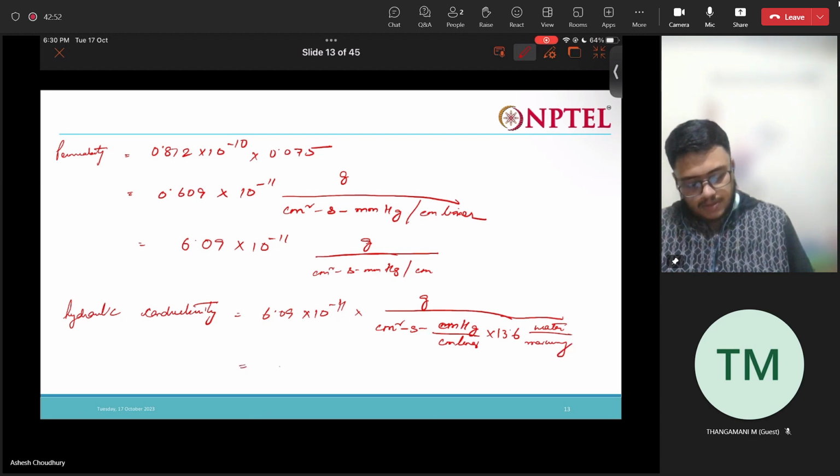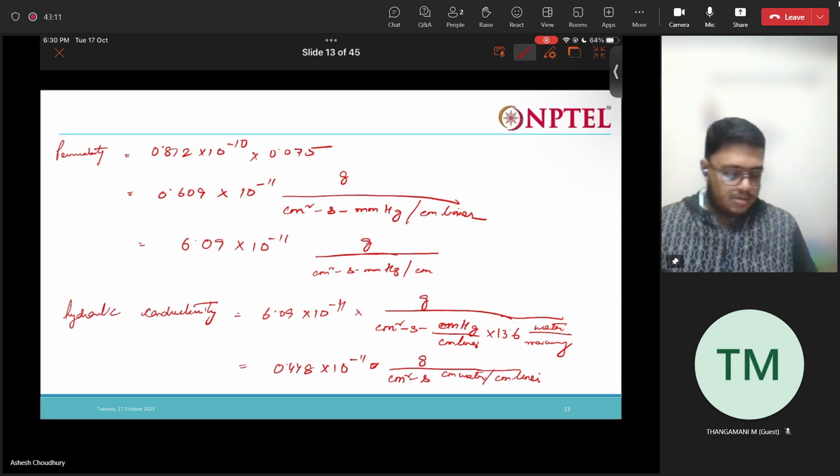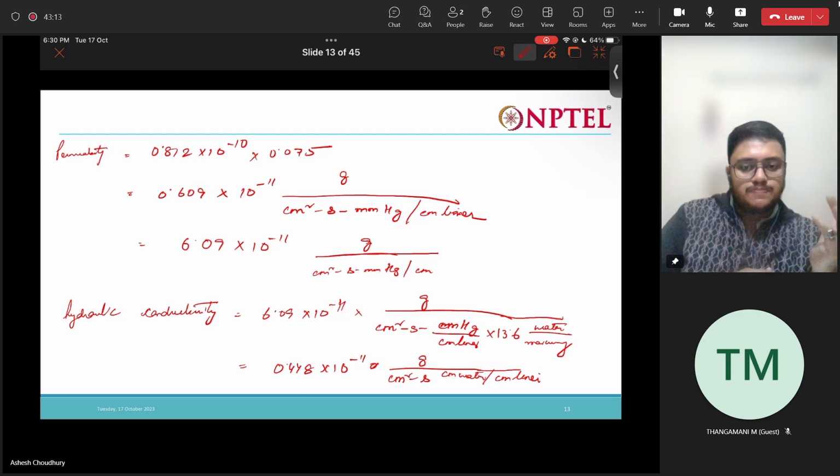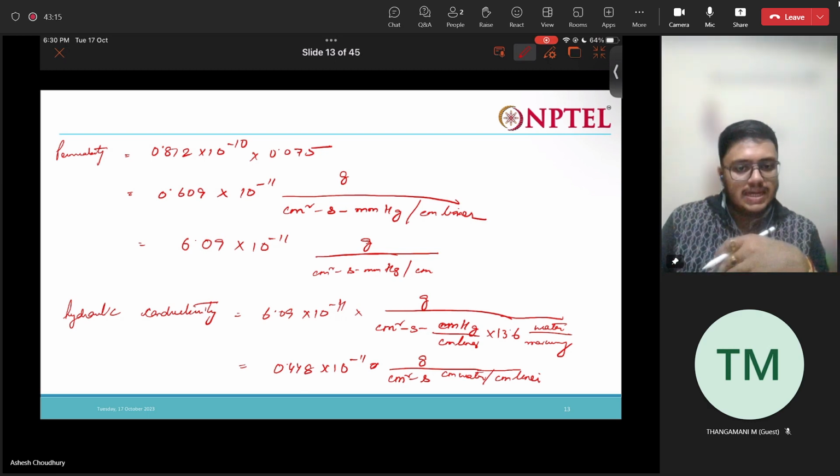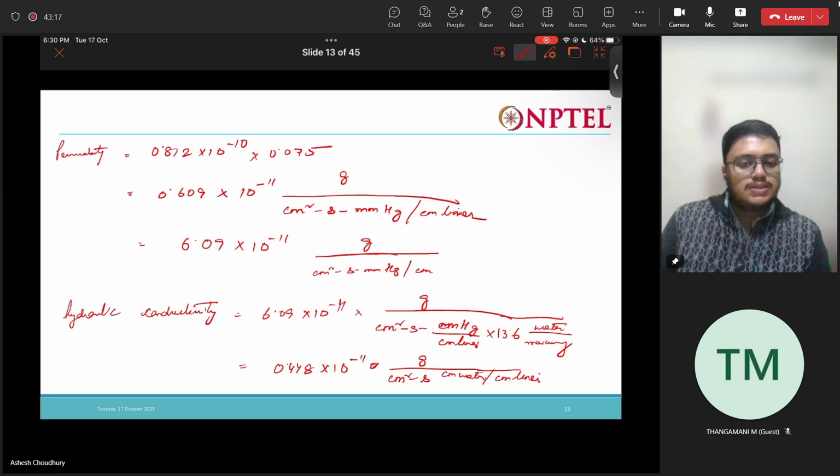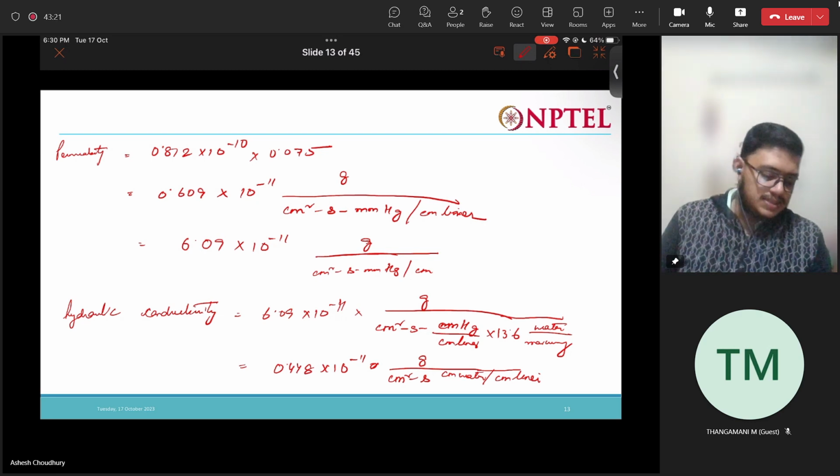So this will come out as 0.448 into 10 to the power minus 11 gram per centimeter second cm water per cm liner. So mmHg we converted to cmHg, and cmHg then we converted to cm water. Now it came to cm water per centimeter liner.